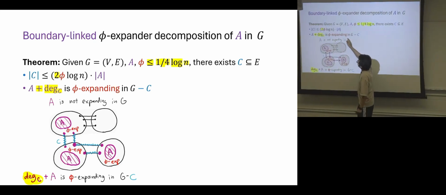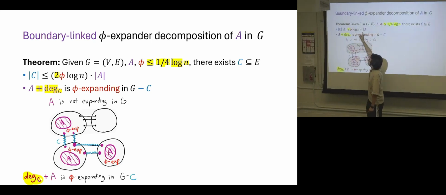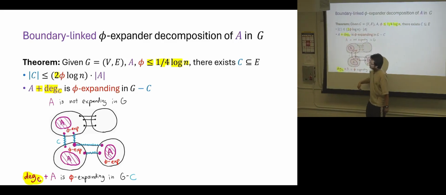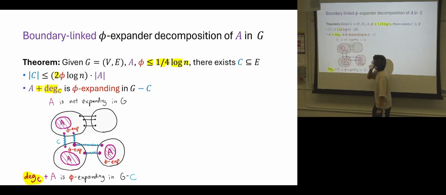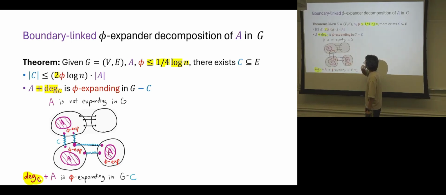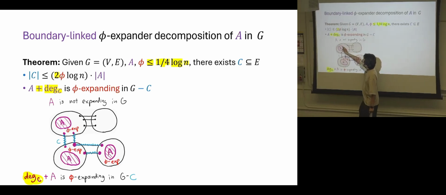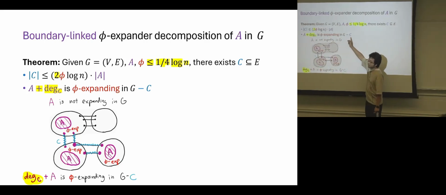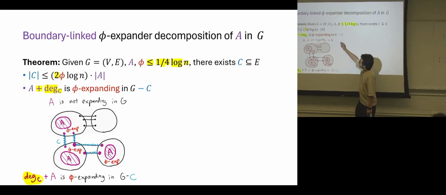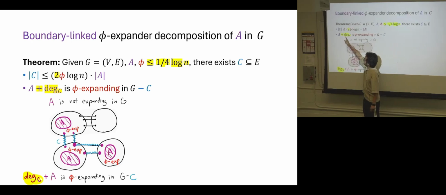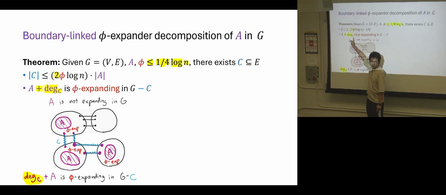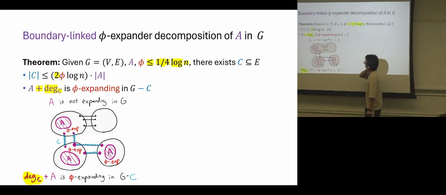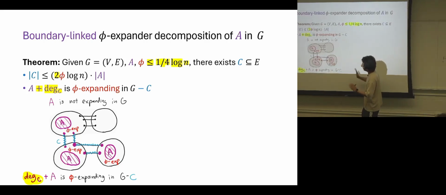You find C, which is basically the same size as before, with some factor of 2 that doesn't matter. But now I need that not just A is expanding in G minus C, but A plus degree of C is expanding in G minus C. So what does it mean?